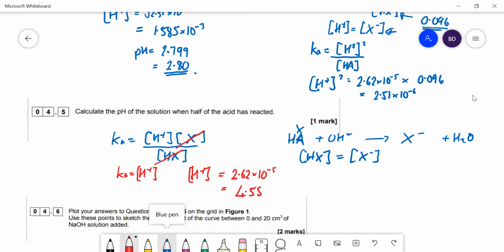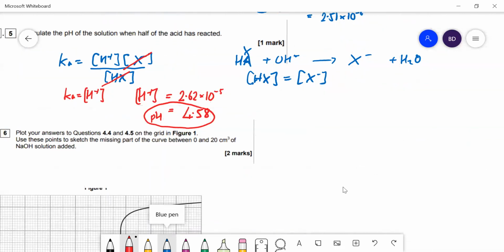The pH is 4.58 at the half equivalence point. Now what we've got to do is plot those values we worked out, the 2.80 at the start and the half equivalence point, on the grid.